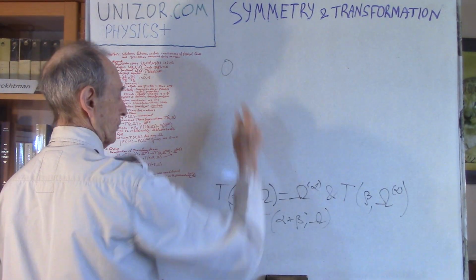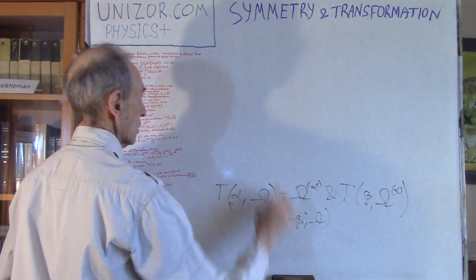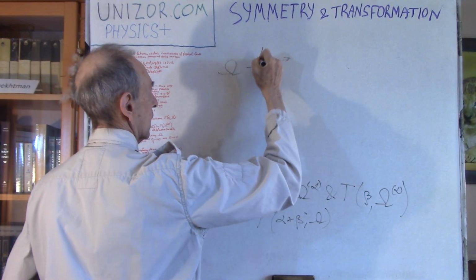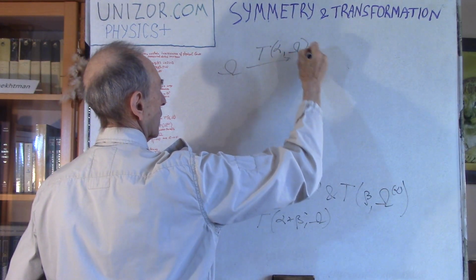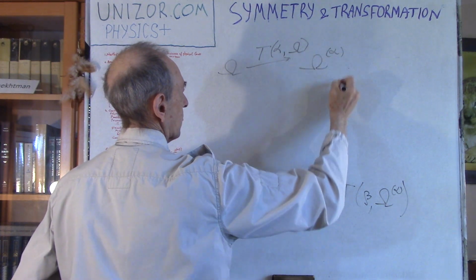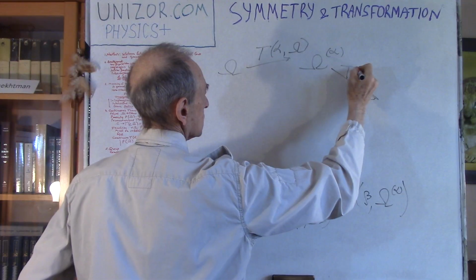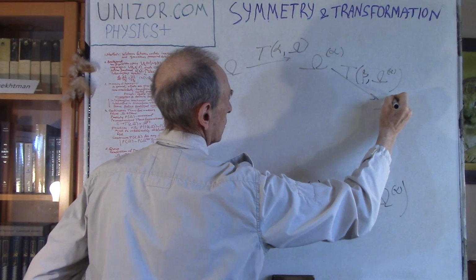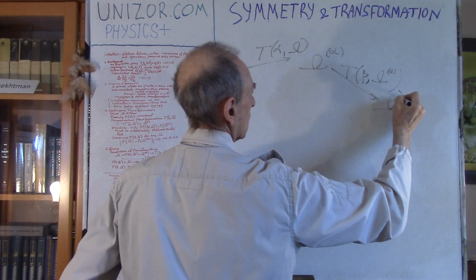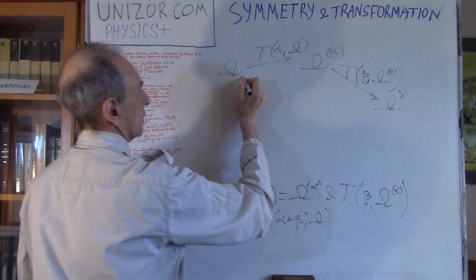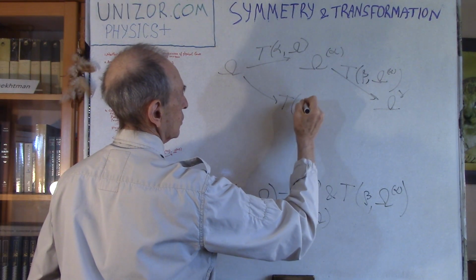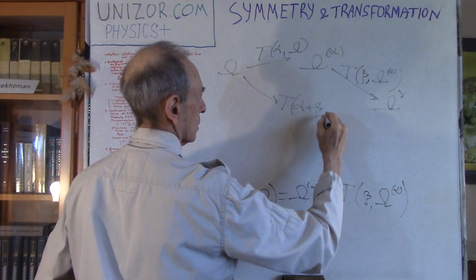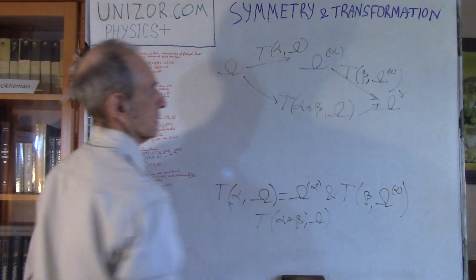So if you have an object omega, you put it as T of alpha omega into omega alpha. Then this omega alpha you put with T beta omega alpha to omega gamma. And here you put T of alpha plus beta, the same object, and you will get exactly the same thing.